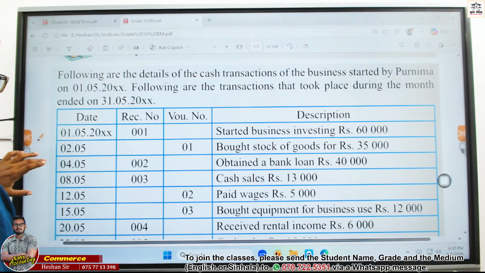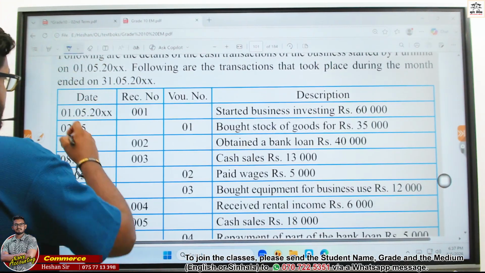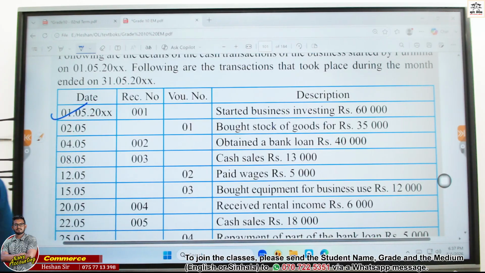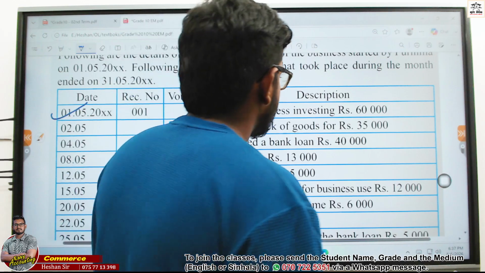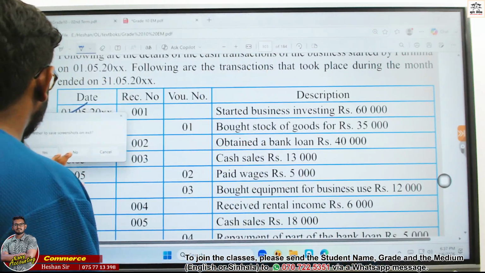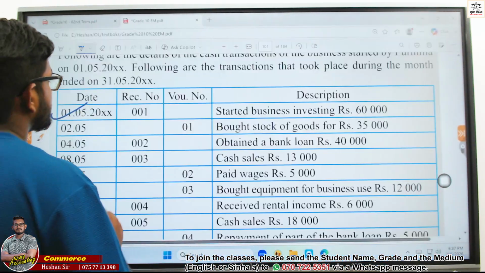First one, May 1st, receipt number 001. What has happened? Started business by investing 60,000. Don't do other things.